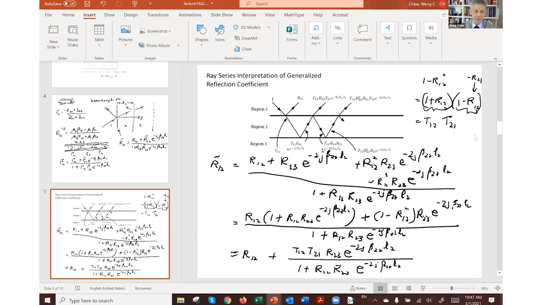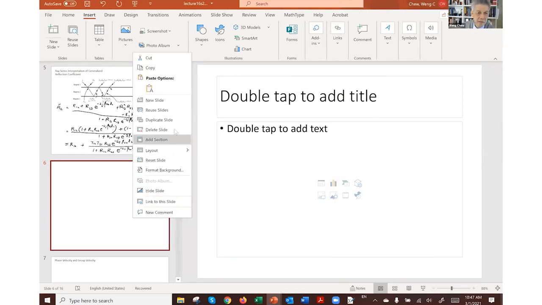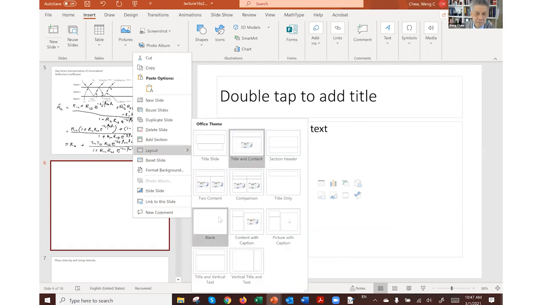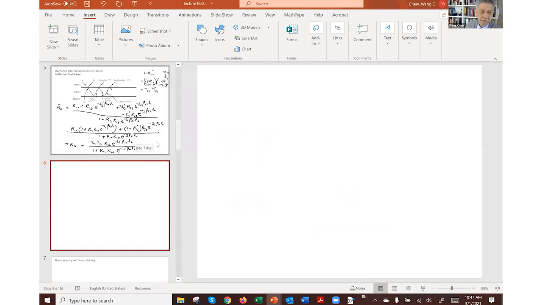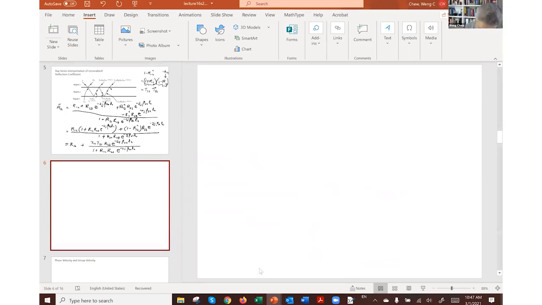The next thing you can do is, let me insert a new slide. What I can do next is use the fact that for this denominator, anything like 1 over 1 minus x can be written as 1 plus x plus x squared plus x cubed plus x to the fourth.